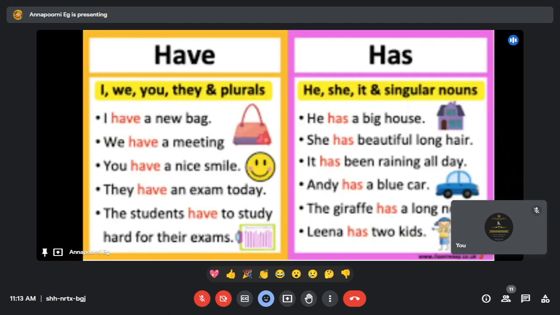Here we have some examples for have and has. I think Brinda, are you there in the meet? Brinda? Brinda, Hema, Bhuvi? You are there in the meet, I saw.